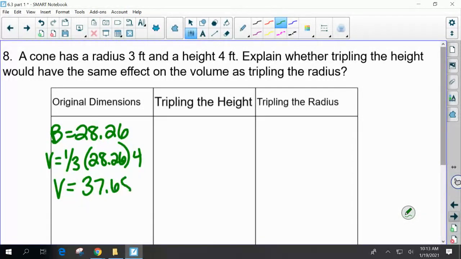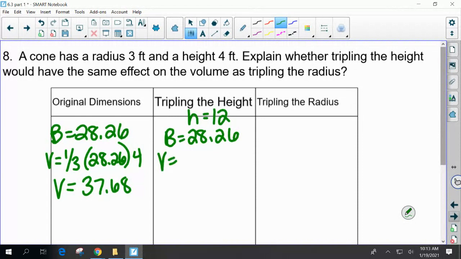Okay. So now if I triple the height, what's my new height? 12. So is capital B gonna change? No. Capital B is still 28.26.